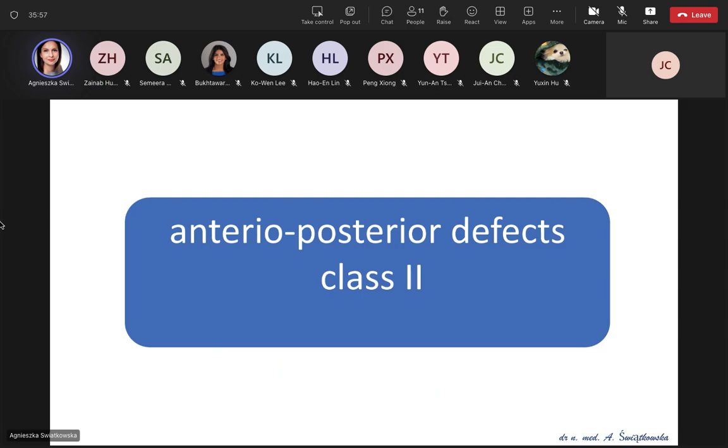It's also a kind of growth modification, because you know that in class 2 we have distal position of lower jaw to upper one. So what we want to achieve during our treatment is advancement of lower jaw to correct position.